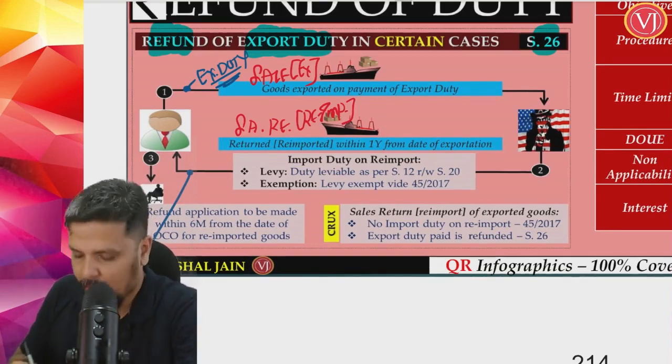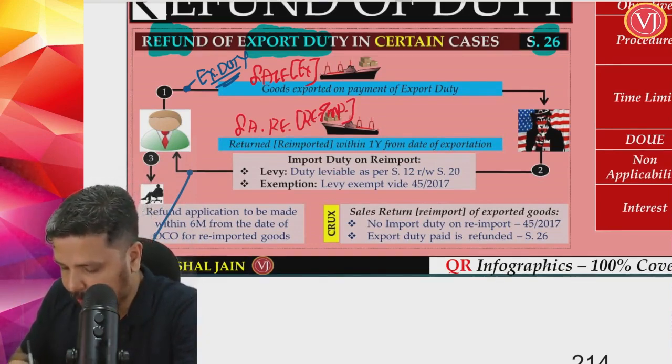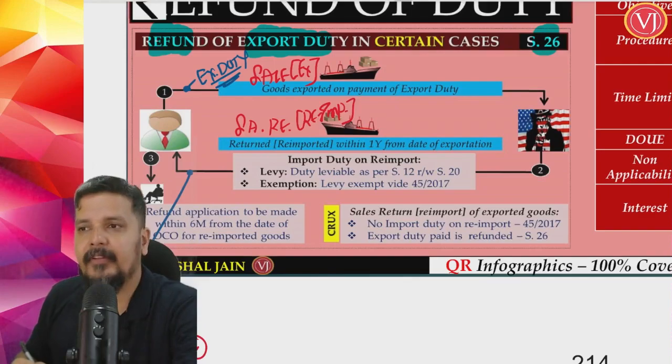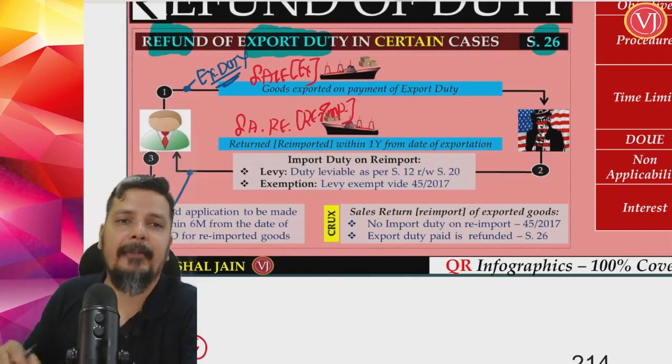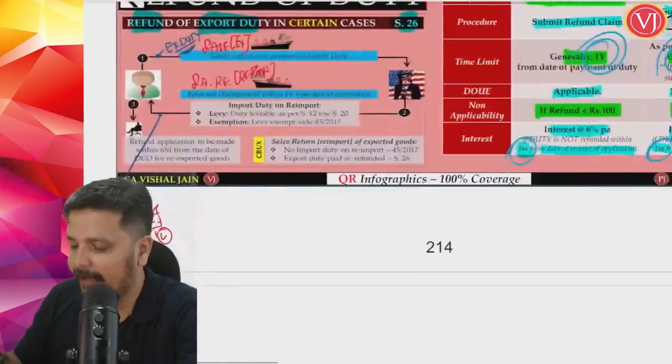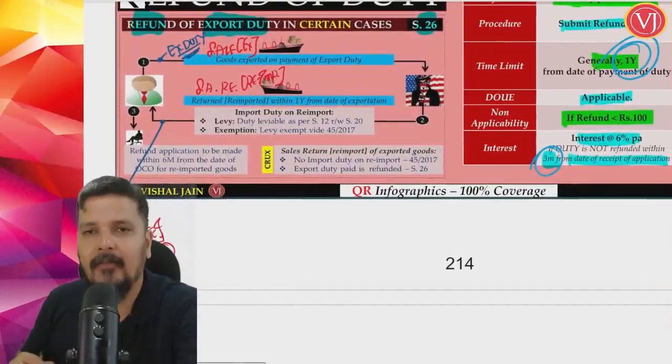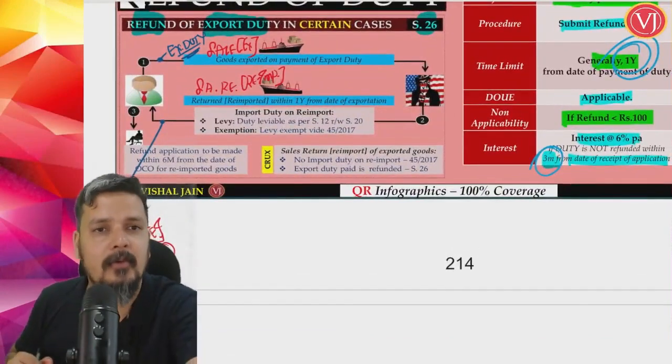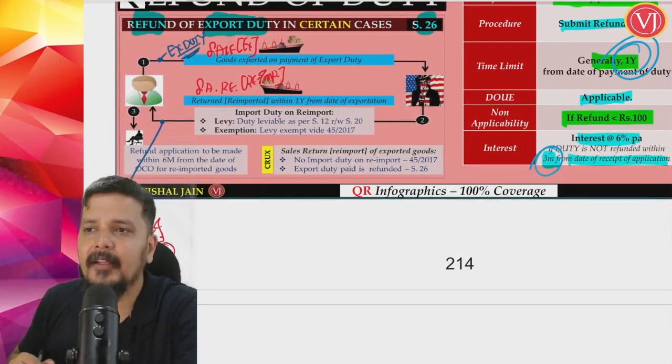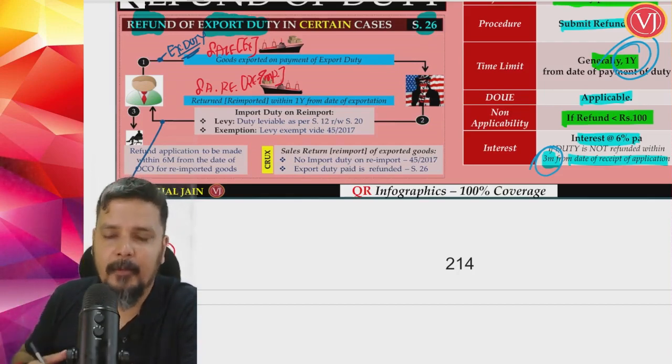Lower of actual import duty or export incentives, whichever is lower. In this case, where you have already paid export duty, obviously export incentive will be zero. You will not pay any import duty.